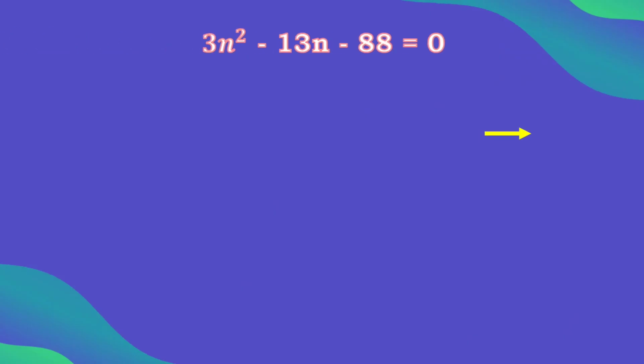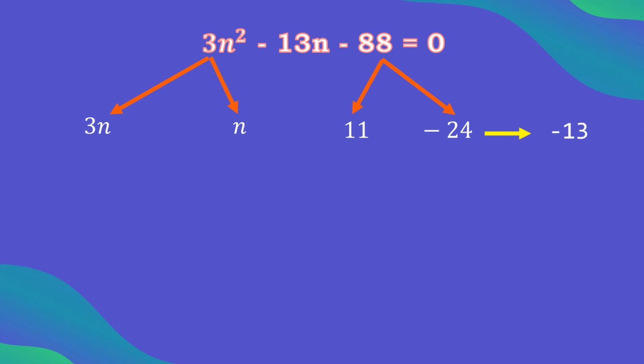We are ready to factor 3n squared minus 13n minus 88 equals 0. Let us factor the first term first. 3n squared has a factor of 3n and n, while negative 88 has factors 11 and negative 24, that when you get the sum, it will give you your middle term, which is negative 13.